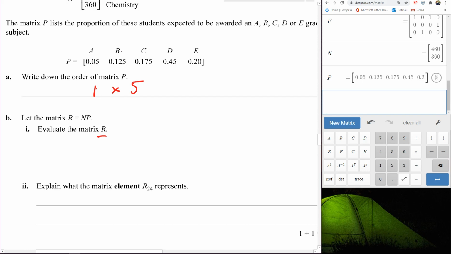P represents the grade, or how many people will get an A, a B, C, and D. So when you multiply them together, it will tell you the number of people who will get an A in biology, a B in biology, C, D, and E, and also the number of people who will get A in chemistry, B in chemistry, C in chemistry, D in chemistry, so on and so forth. So let's evaluate N times P. N times P, right there, matrix R.